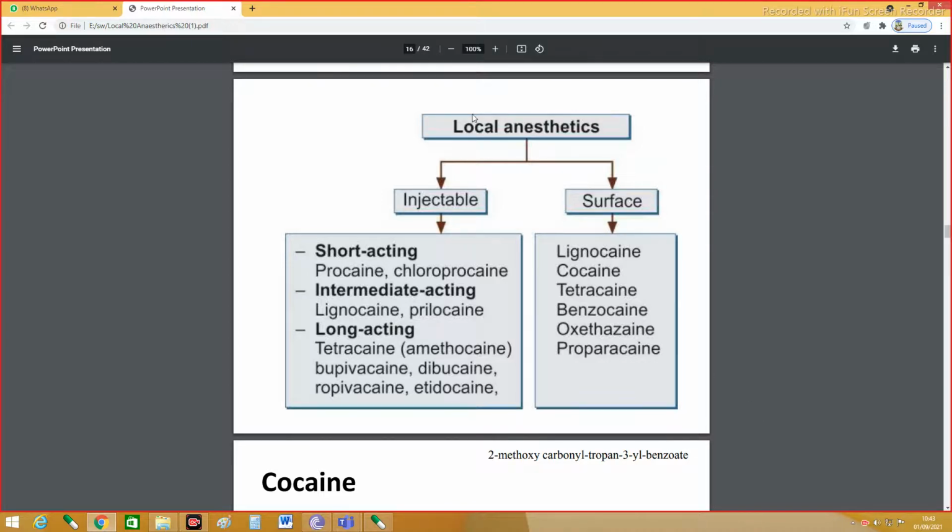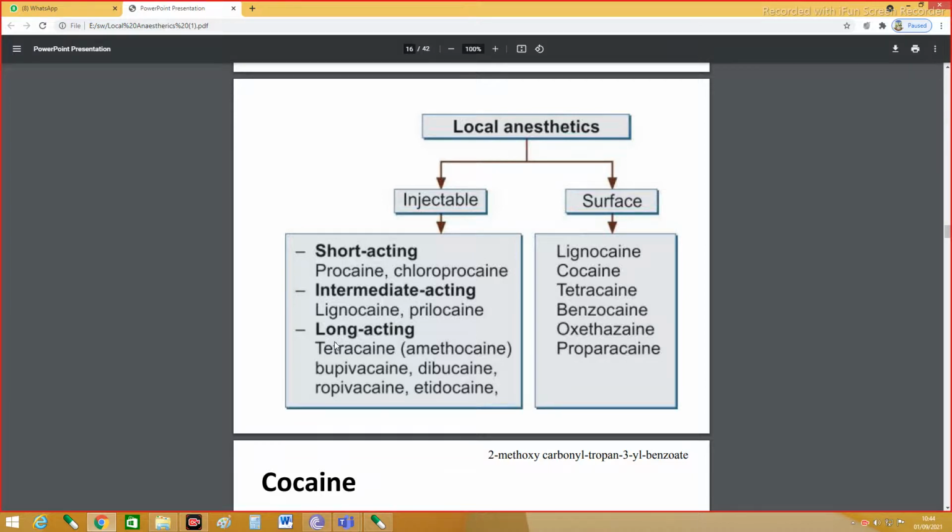Therefore, if we consider local anesthetics, they may be given in injectable forms, or they may be applied as surface local anesthetics. In the case of injectables, again they are divided into three different types: short acting, intermediate acting, and long acting. So in short acting we have procaine, chloroprocaine. In intermediate acting we have lignocaine and prilocaine.